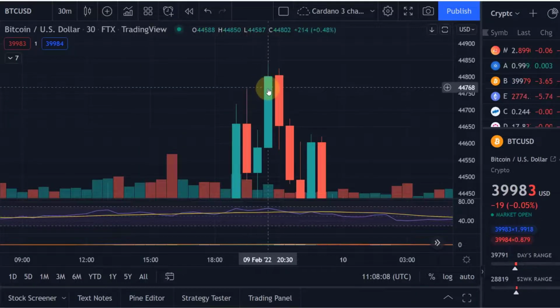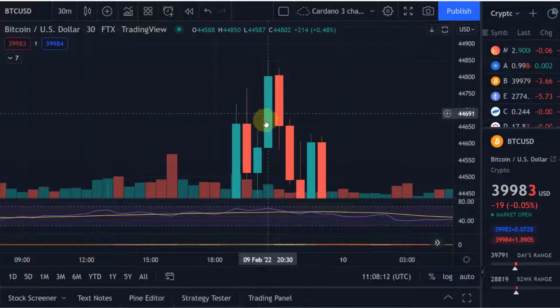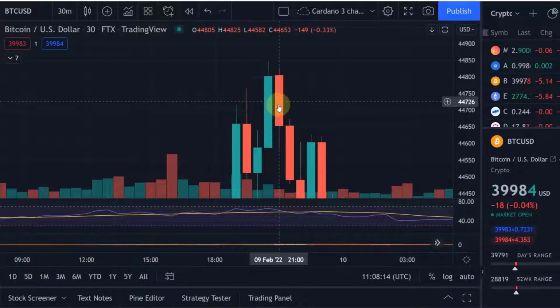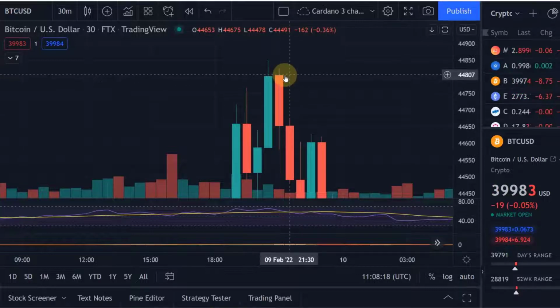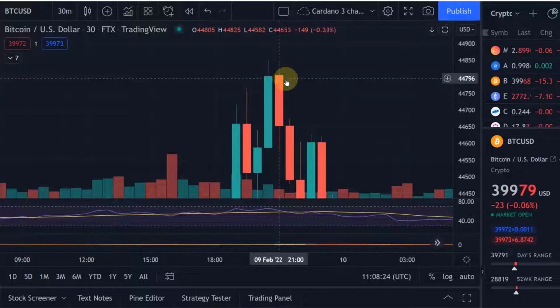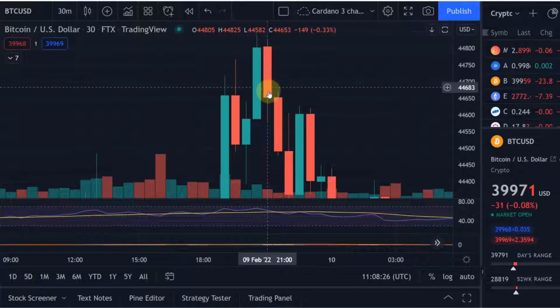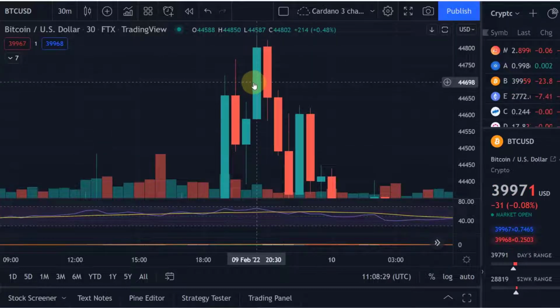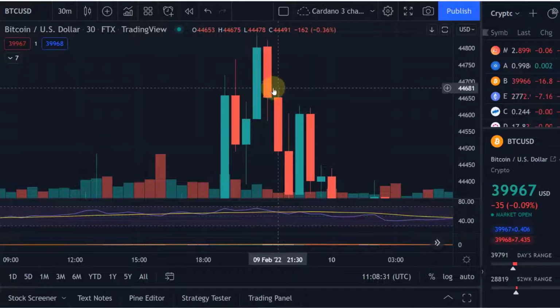You need first a green candlestick that is part of an uptrend, and that is your first candlestick. Your second one is the dark cloud cover candlestick, which starts above the previous green candlestick. You can see it here, the candle body started above the previous green one, and it ends below the lower half of the first candlestick.